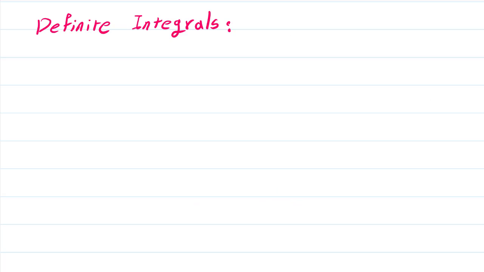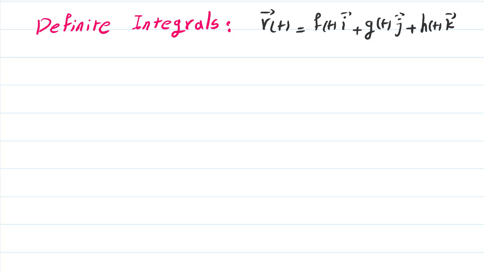The next part is definite integral. If r of t is equal f of t i plus g of t j plus h of t k.